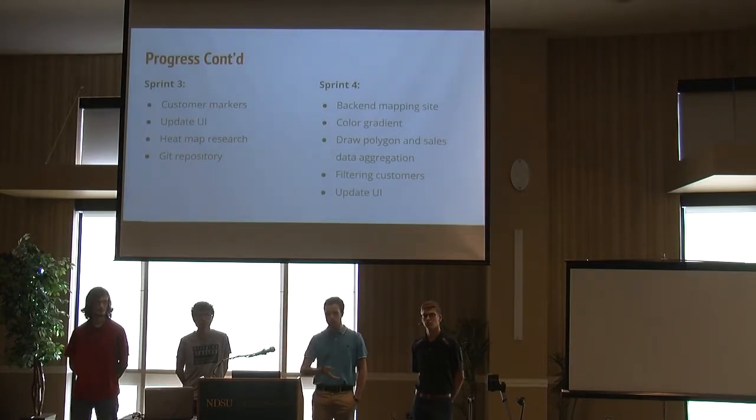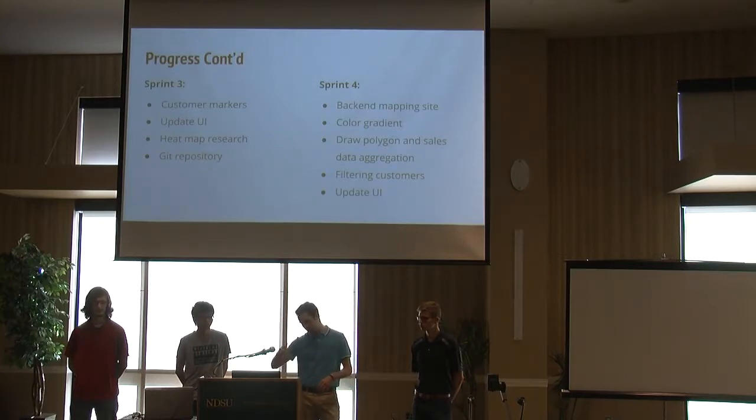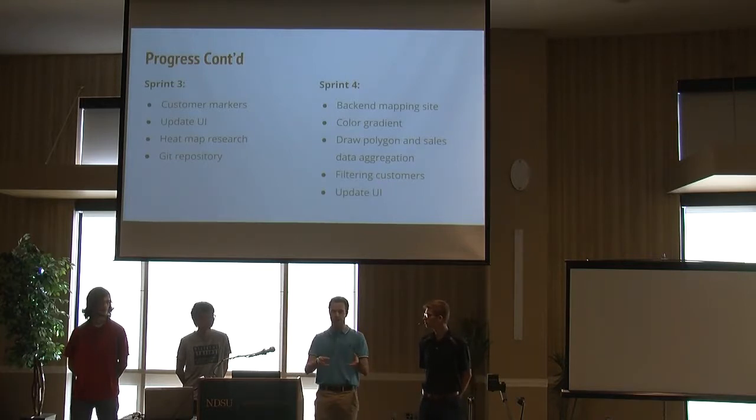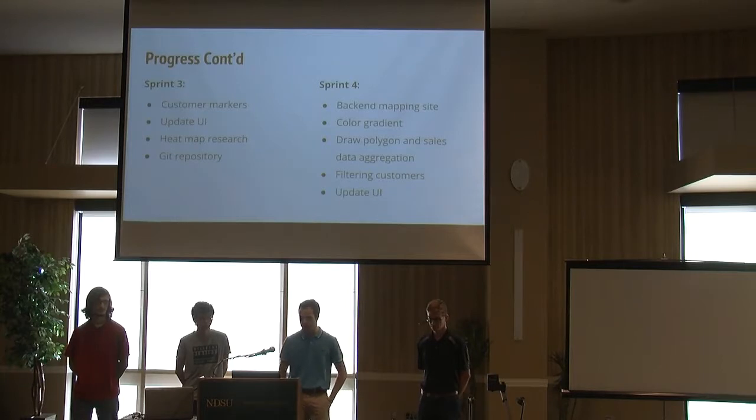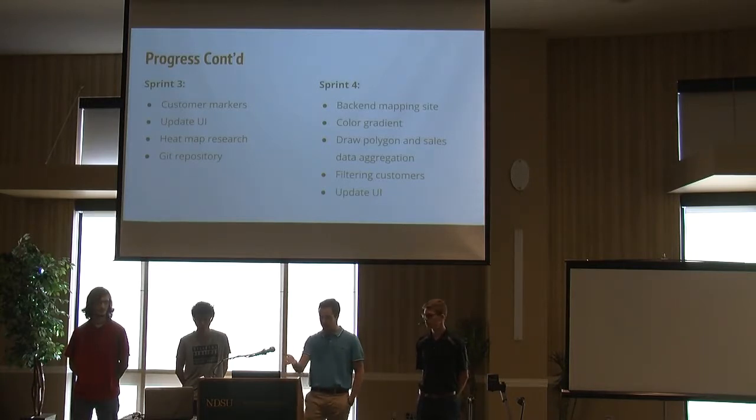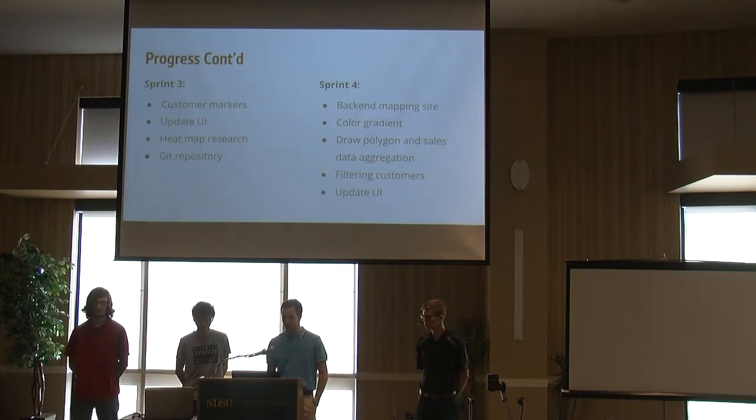We researched that, and we realized it wasn't really going to be visually pleasing for us, because in order to do that, certain customers had to have a lot of sales in regard to another one, and we weren't able to get actual sales data, so we had to randomly generate it. So they were all kind of in the same area, so it really wouldn't have made much sense to have a heat map.